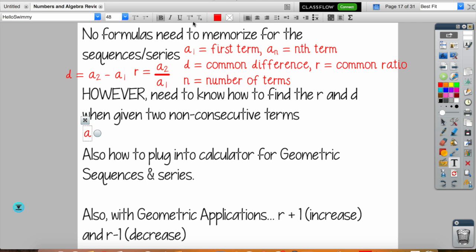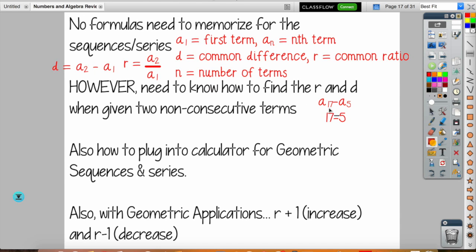So then you would take the 17th term and subtract the fifth term from it, and then you would divide by 17 minus 5, like actually where they're placed in the sequence. And then from there, it will give you your common difference, okay? Remember, that's how you could find your common difference if you're given two non-consecutive terms.